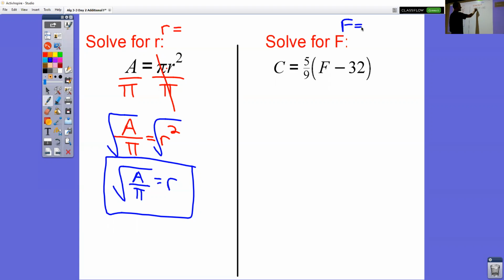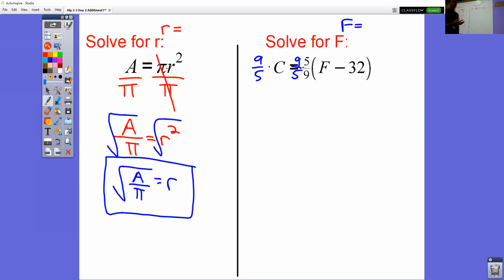So you can get rid of this 5/9 by multiplying by 9/5 and 9/5. Why does that work? Well, if you actually multiplied numerator times numerator, denominator times denominator, top number times top number, bottom times bottom, you would get 45 over 45.